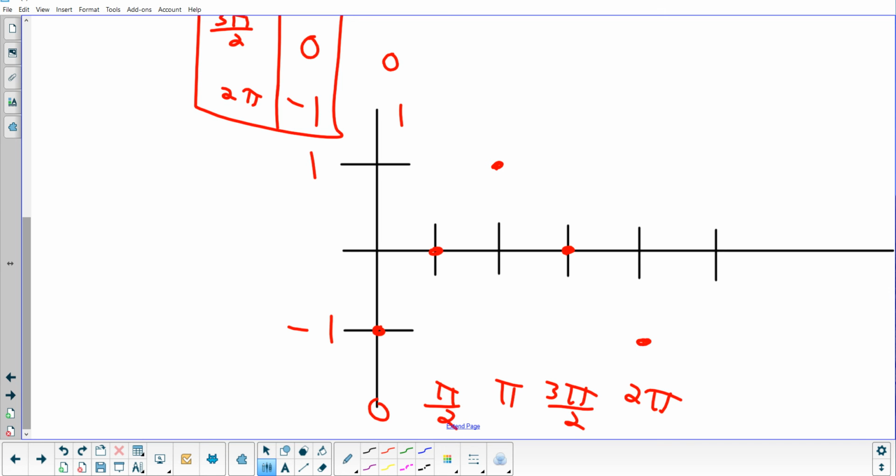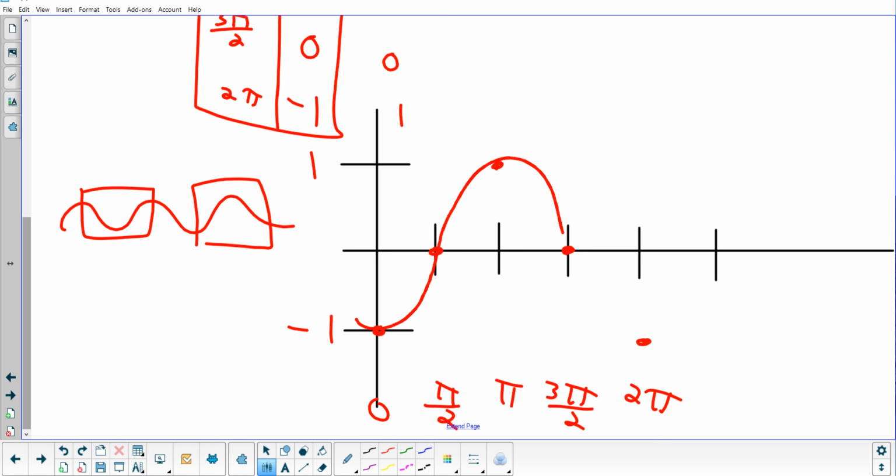So if you think of the wave, instead of being this part of the wave where it dips down, it's now the part of the wave where it goes up because we flipped it. So that should look kind of like that. And this would continue on. Okay, any questions on that? Right, so that's the amplitude change.